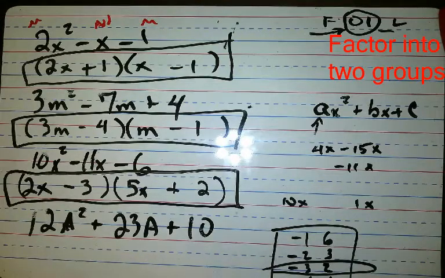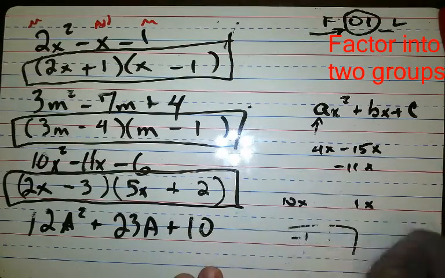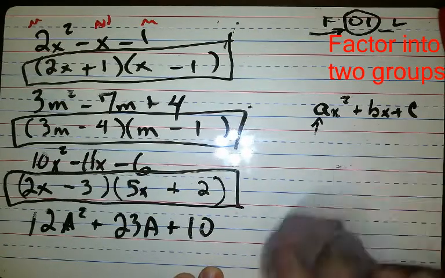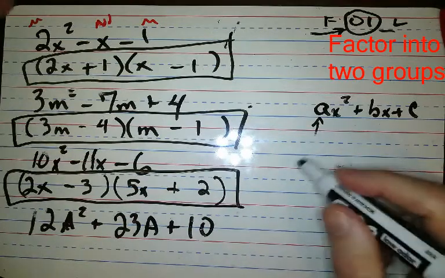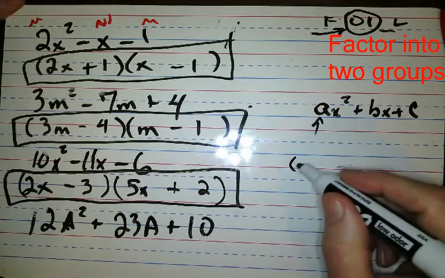So, what do we got? 12x, and oh my goodness, we're trying to get the numbers to be 10 and 23. We can do that. That is okay. Now, to get 12, oh my goodness.